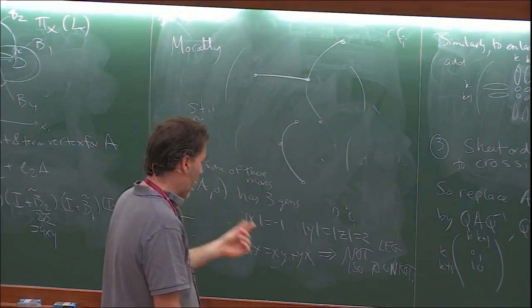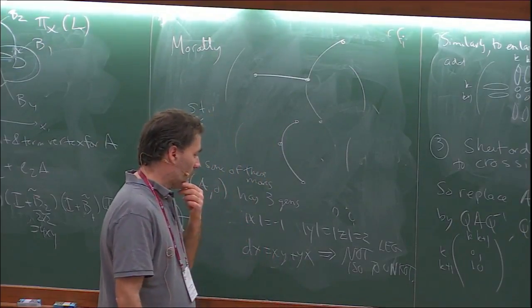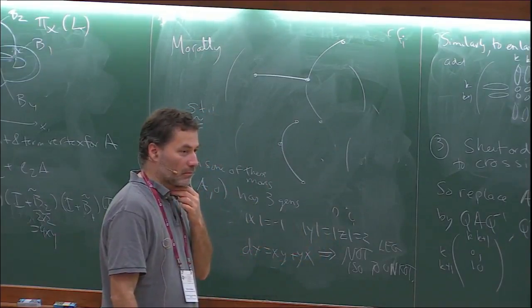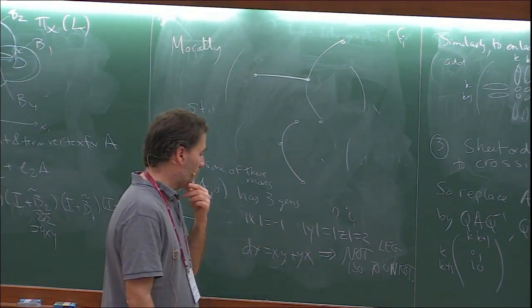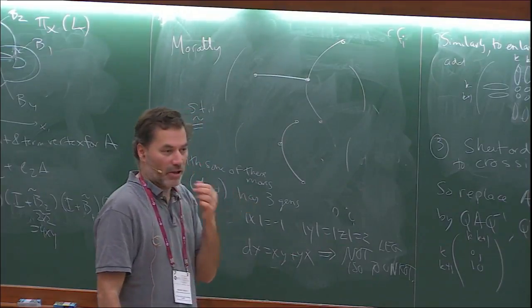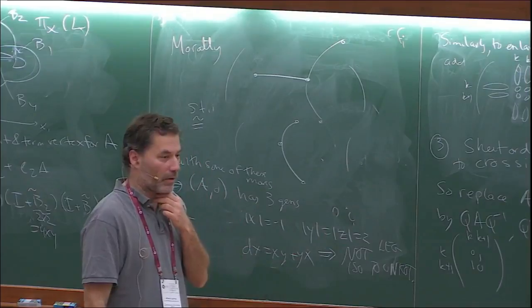Well, okay, so y is not in the image. So we definitely have at least 2 generators in degree 2, compared to only 1 generator in degree 2 for the other one.